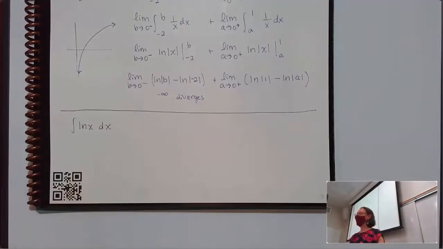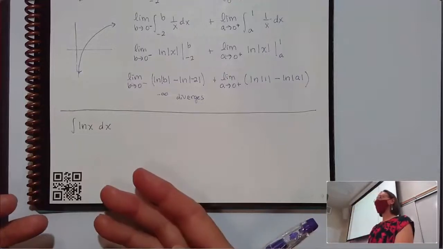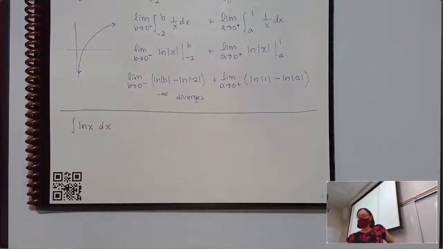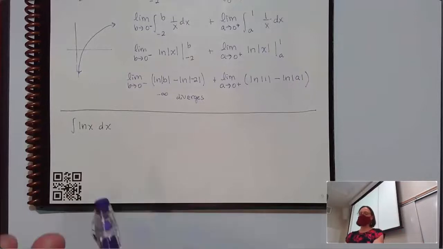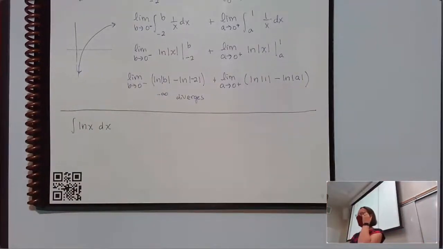In order to integrate natural log of x, I'm going to walk up to this integral and say, it sure would be cool if there was a u substitution, but there's not. Because the derivative of natural log of x is 1 over x, and I don't have a 1 over x in the problem. So our only choice is to do integration by parts.